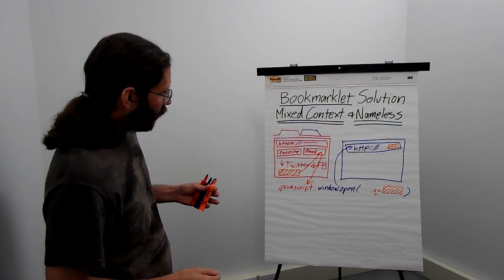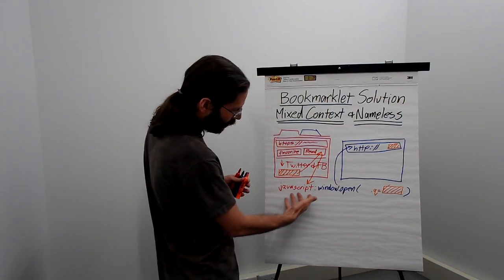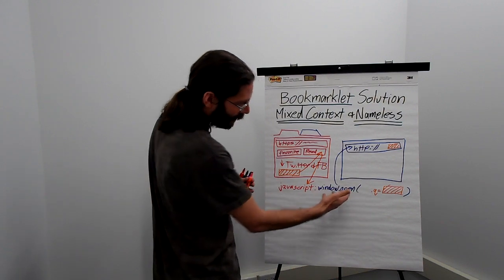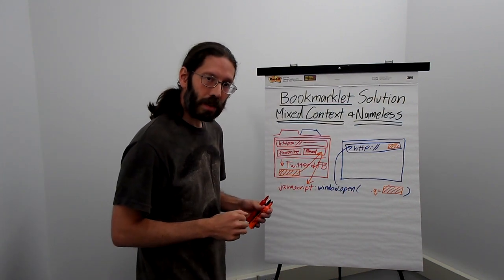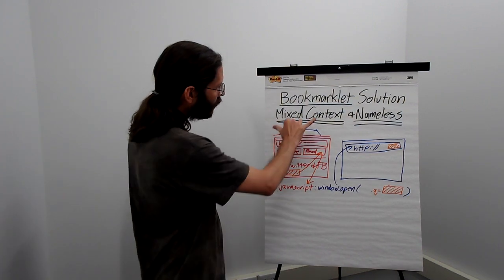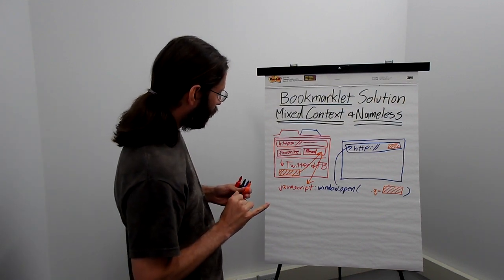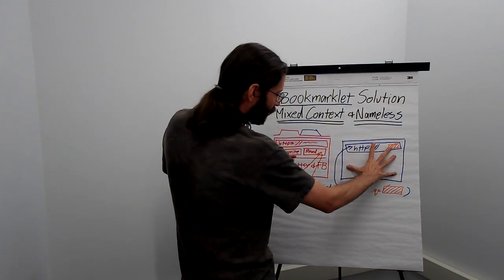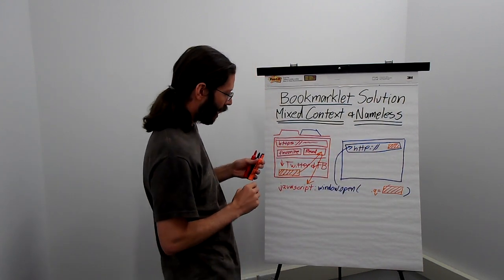And because the ability to do this is so tied to the ability to do JavaScript as links at all, this is probably going to continue to work for quite a few years, because this is not really mixed context so much as it is two completely separate execution contexts, two different sandboxes.